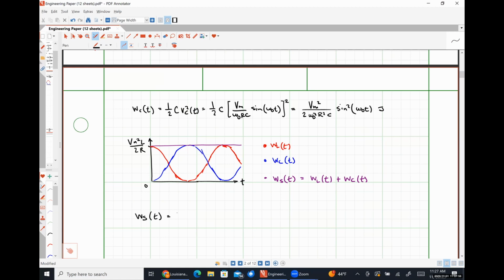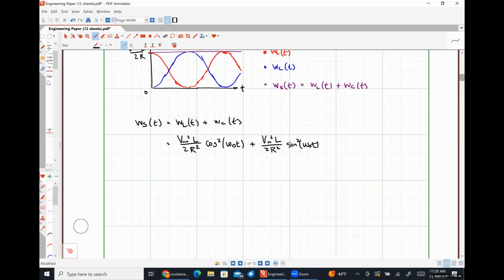So WS is going to be WL plus WC, which is going to look like Vm squared L divided by twice R squared cosine squared omega naught T plus Vm squared L over twice R squared sine squared omega naught T. Since I have a constant term, I can factor it out.